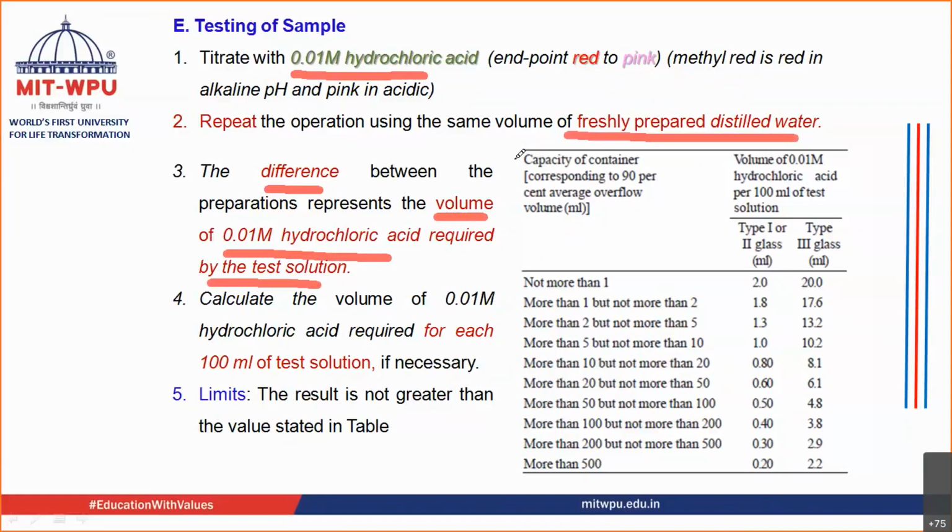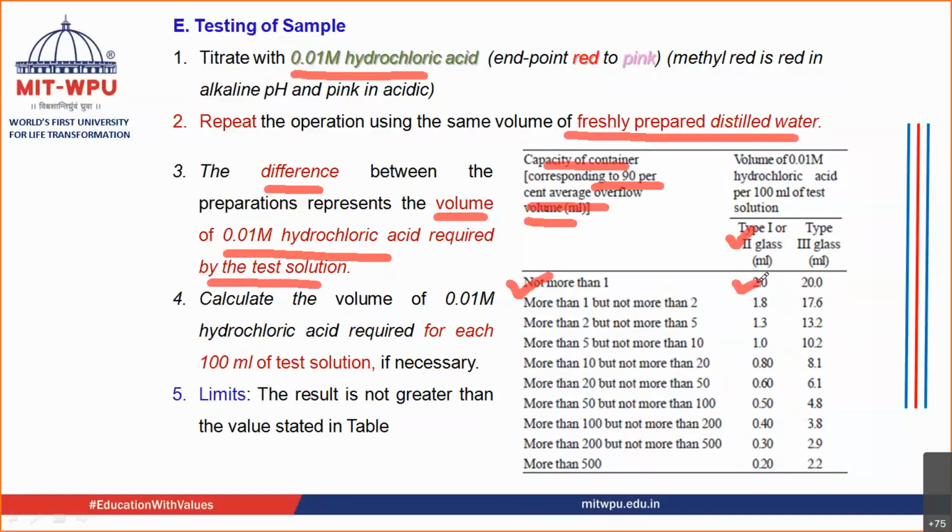And then you have the limits over here. For the capacity of container, which corresponds to near about 90% of the overflow volume, if the capacity of container is not more than 1 ml, then the volume of hydrochloric acid required for type 1 or type 2 should be 2 ml.